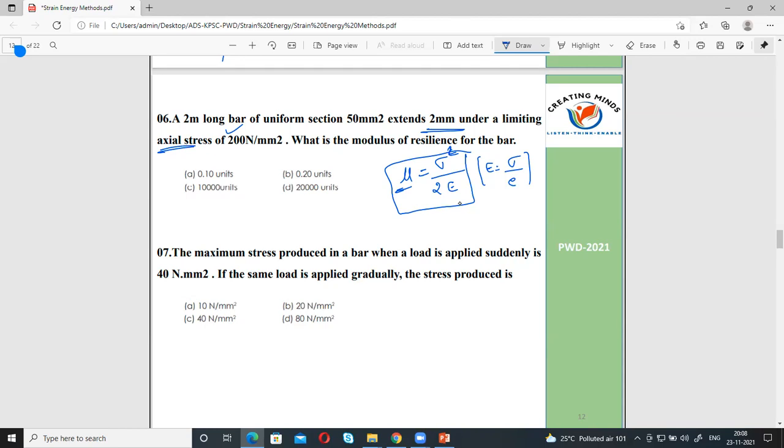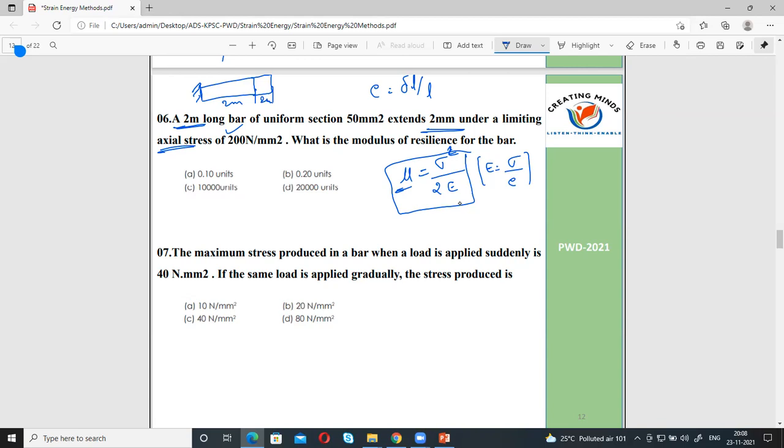See the units and all. What is E? E is change in length by original length. Don't substitute 2 meter; 2 mm is the change in length. What is the original length? 2 meter, which is 2000 mm.